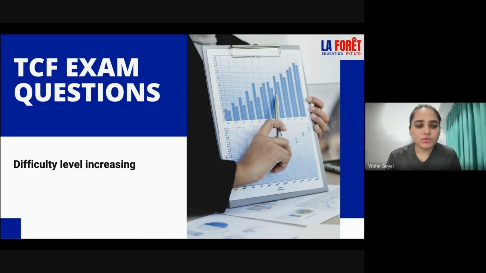Okay, we will look at all the question types like we did for TEF. But one thing with TCF is that the difficulty level is increasing after every question. So initial questions would be simpler, and the later questions would be more difficult. Okay, so if we know such patterns, it is very helpful for us.